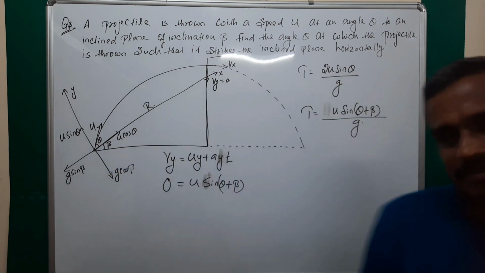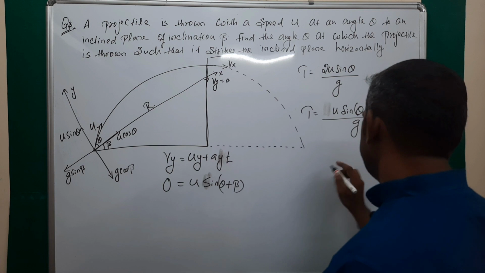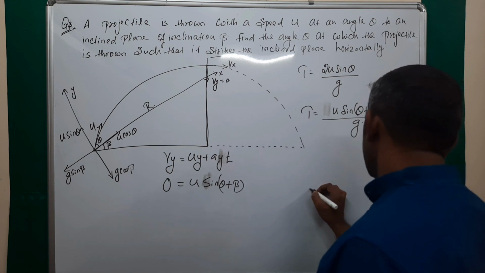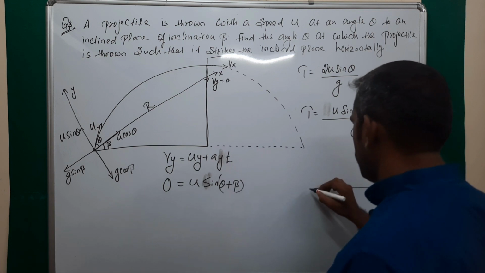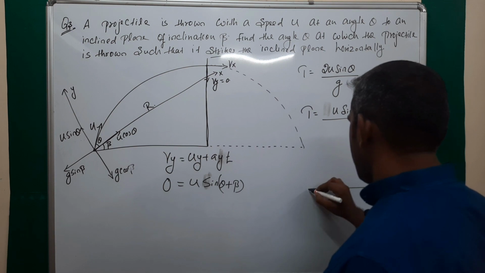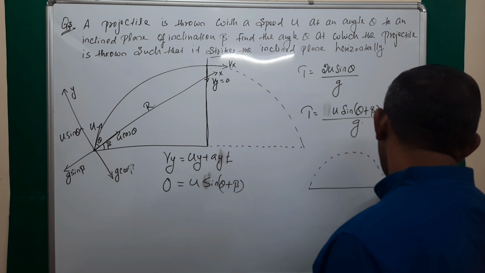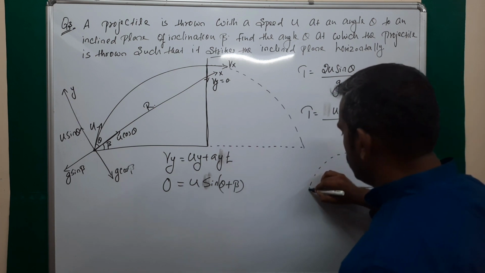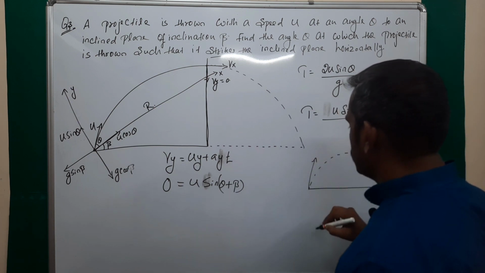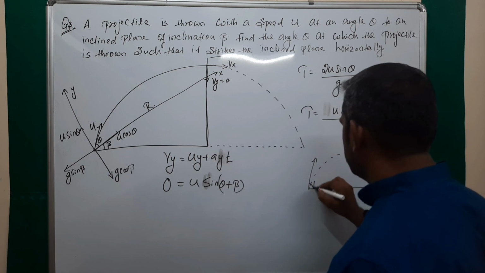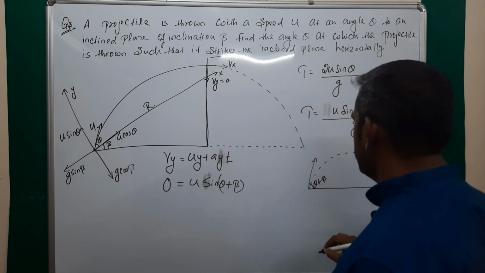Suppose the projectile is here. This is a horizontal projection. It is projected like this with the angle theta plus beta.